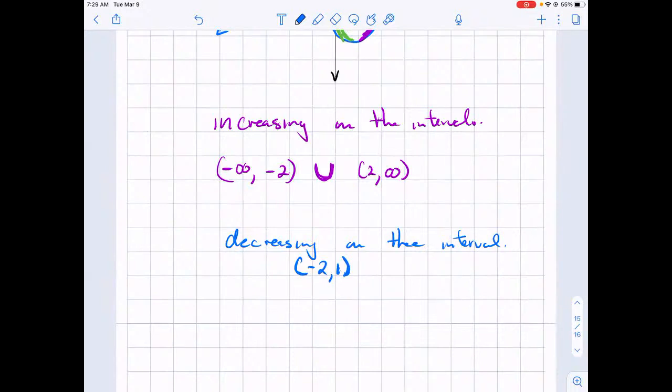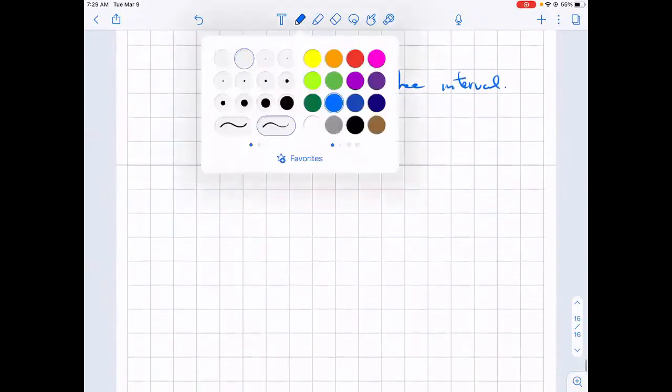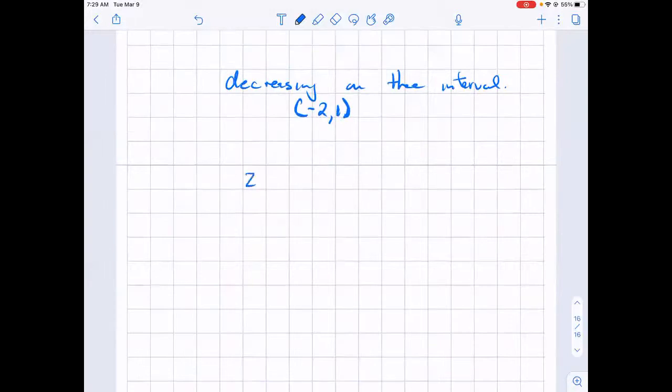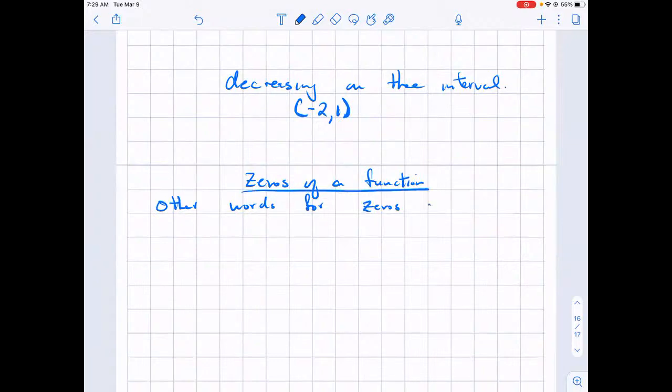Let's now look at a quick review of zeros of a function. And remember, another word for zeros, we will look at the answer.